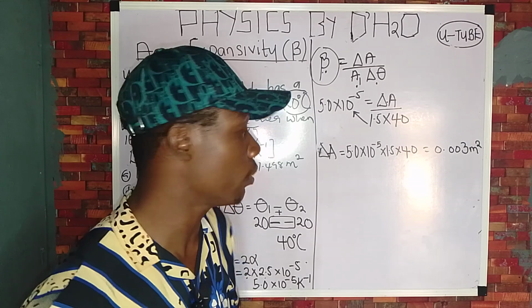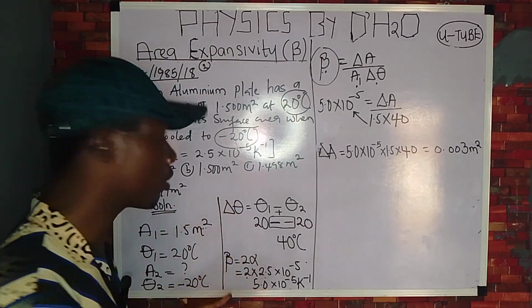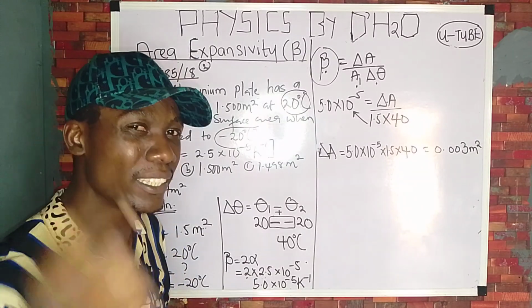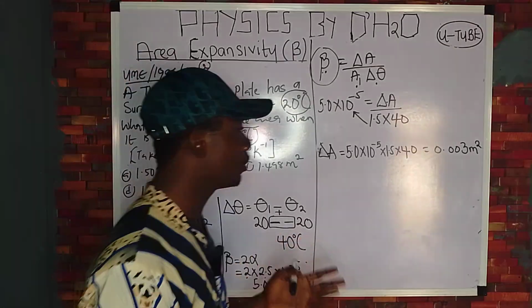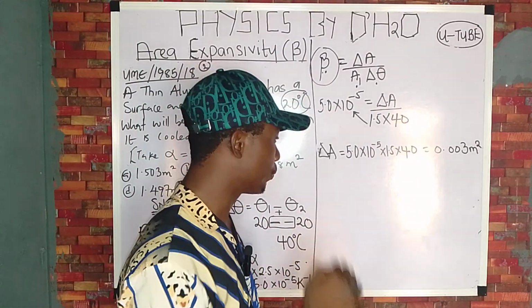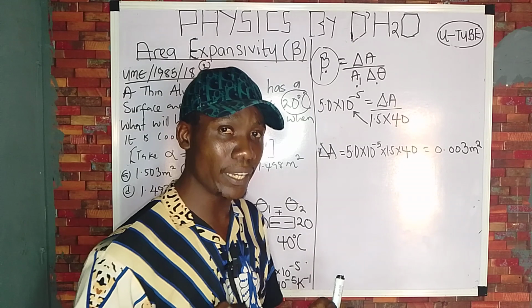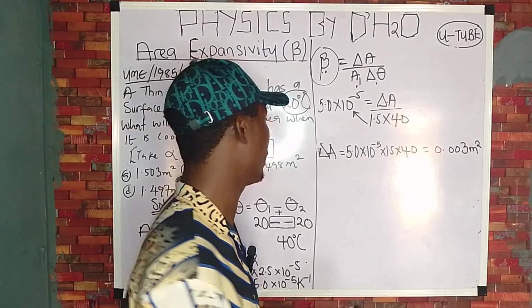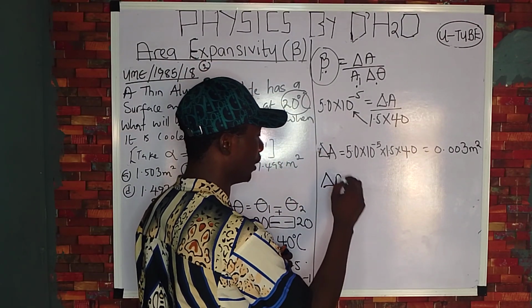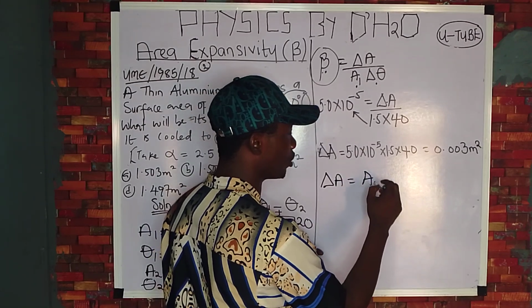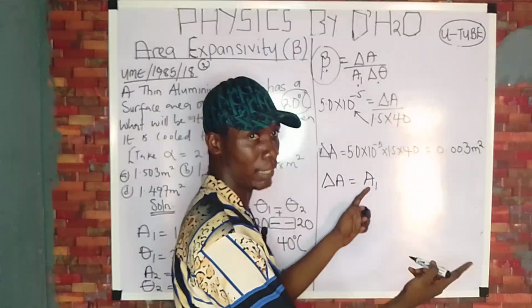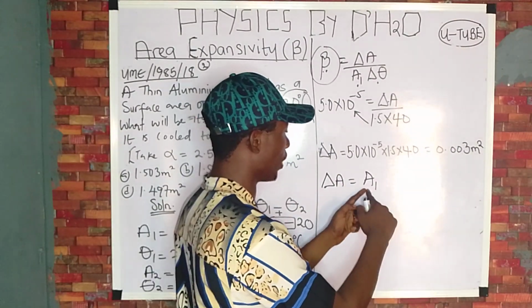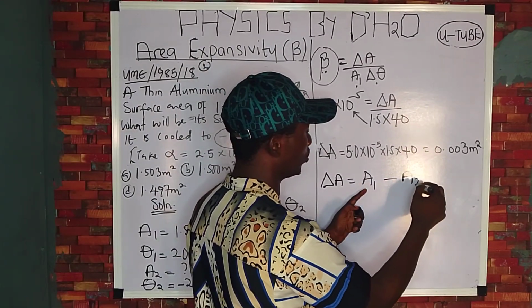No. We were told to calculate for the second area. Remember, there is a fall in temperature. A fall in temperature will make the area fall. So take note, the initial area will be bigger than the final area. So we have change in area is A1, please, not A2. A1 is bigger because there's a fall in temperature. So we have A1 minus A2.